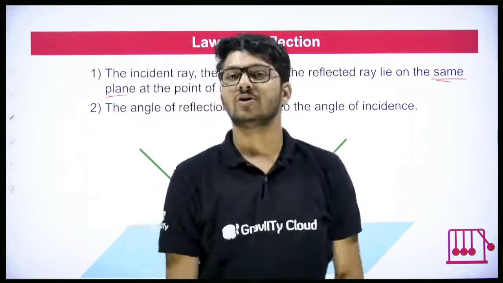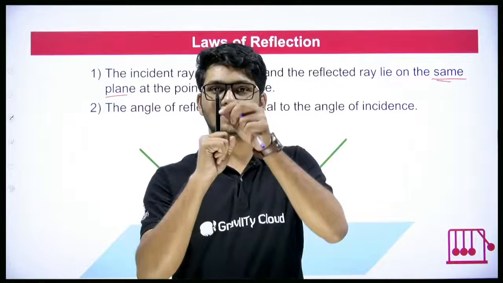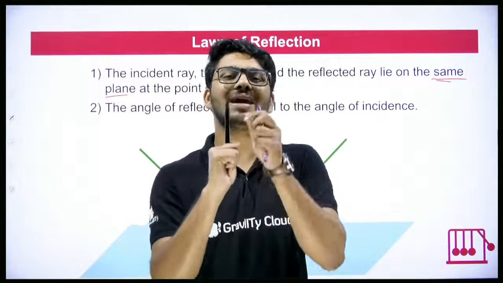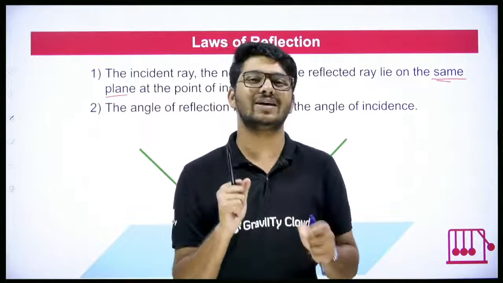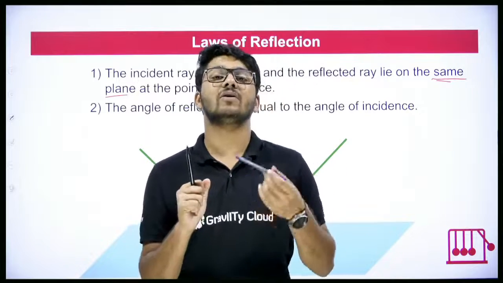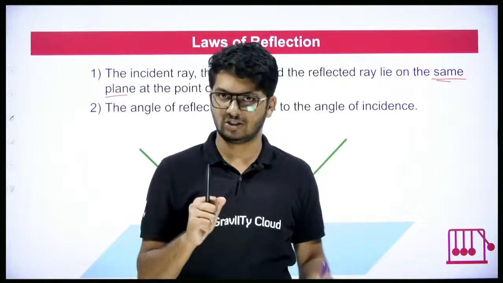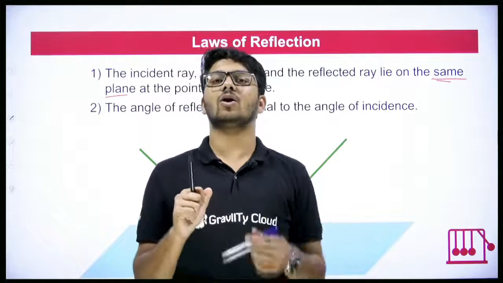Okay. So if you say this is a normal, and the angle made with the normal is 45 degrees, or a line makes an angle of 45 degrees with the normal, draw that line.